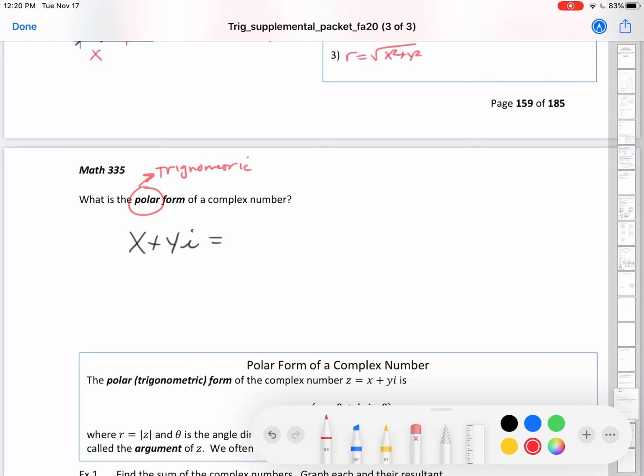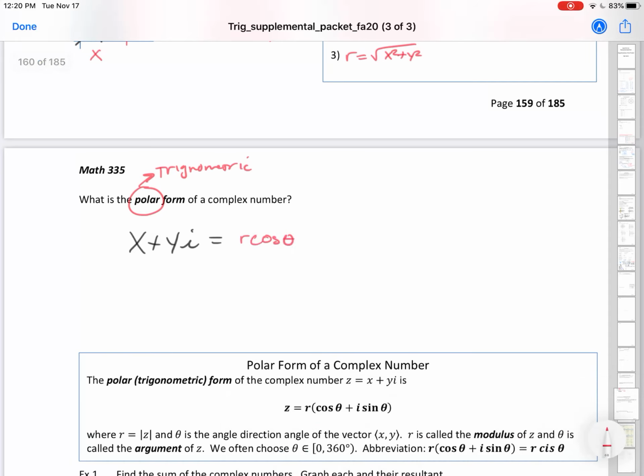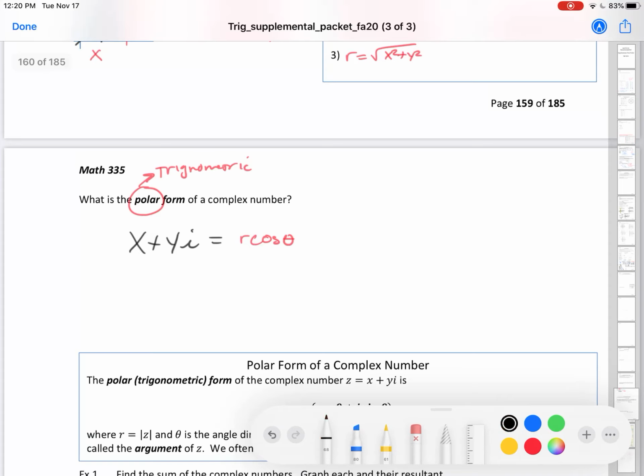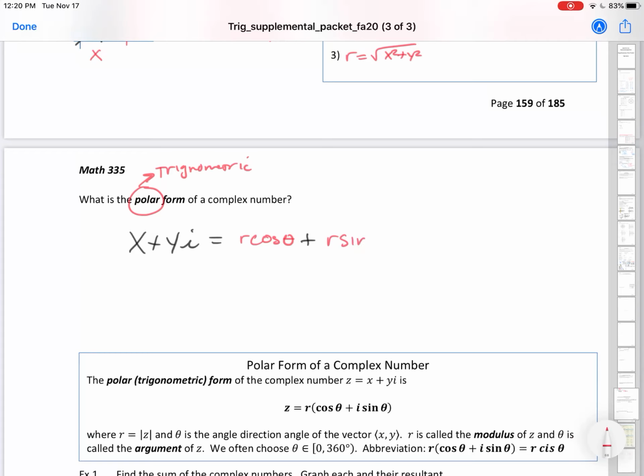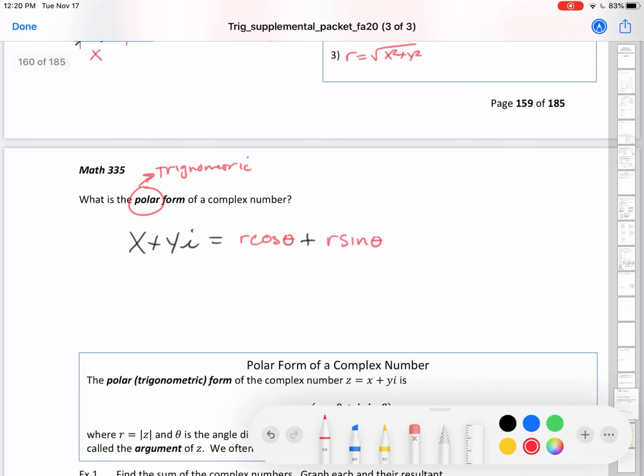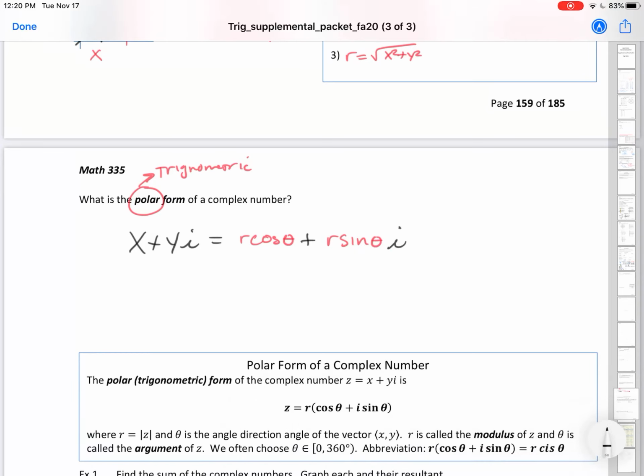And so we know what x is. X corresponds to r cosine theta. The plus sign is the plus sign that was there. The y is r sine theta. And the i was always there. That is the polar form. Now we simplify that a little bit by saying it's r cosine theta plus, and they move the i in front, i sine theta. So that's the polar form of a complex number.